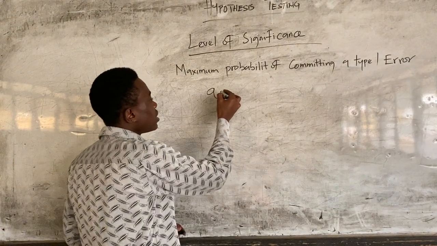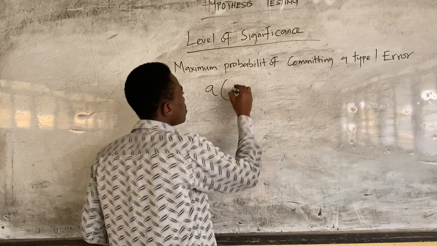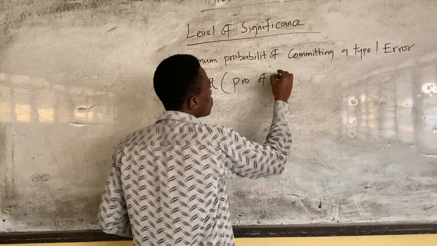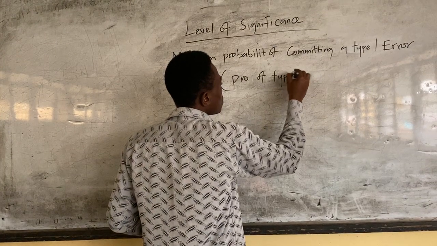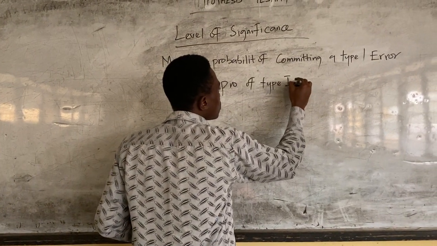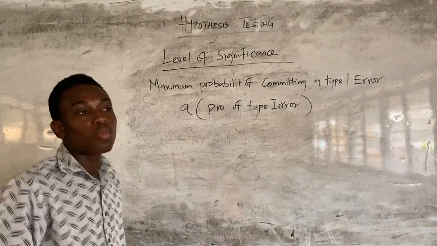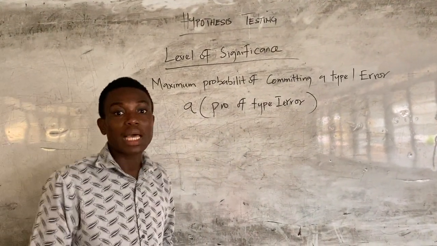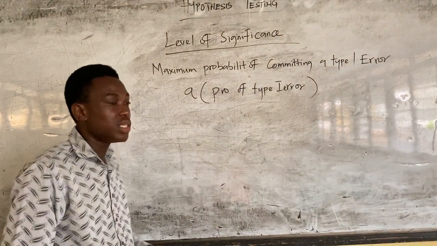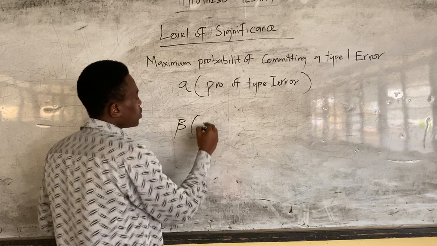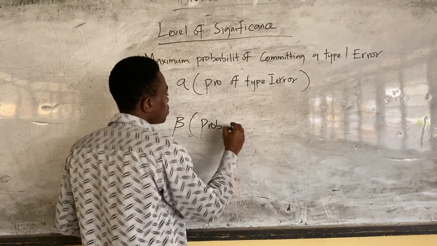So alpha is the probability of a type 1 error. And then the probability of committing a type 2 error is denoted by B, or the beta.